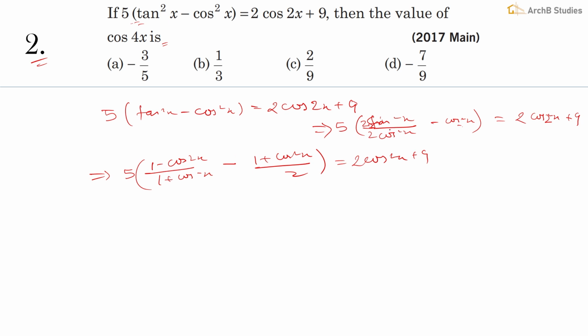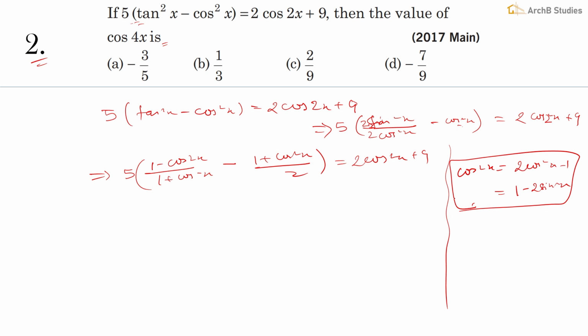Let me write this. Cos of 2x is equal to 2 cos square x minus 1, and the same thing we can write as 1 minus 2 sin square x. So applying this identity we can write this thing into this. Now to solve this out we can write cos 2x as, let's say, y.